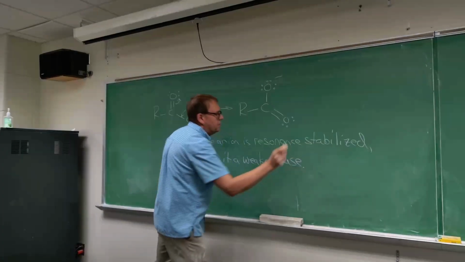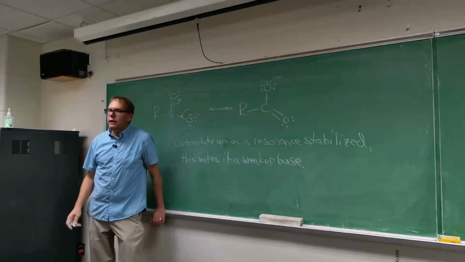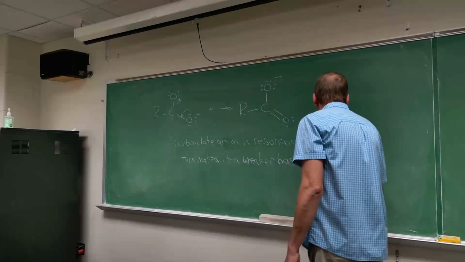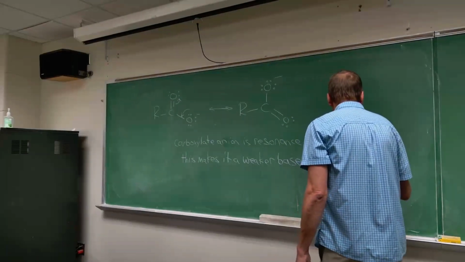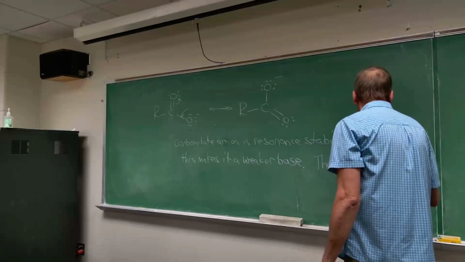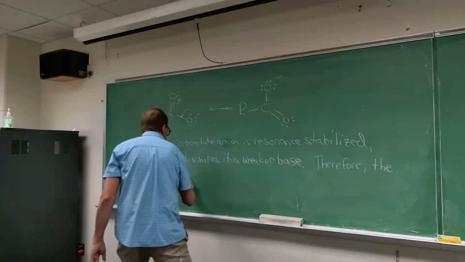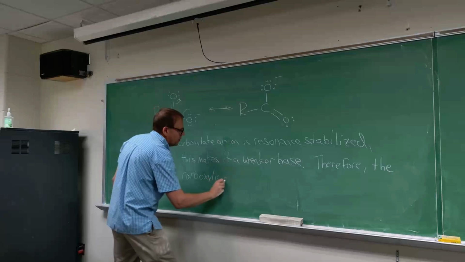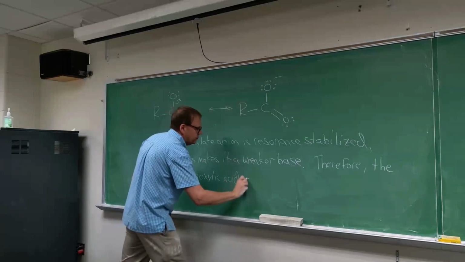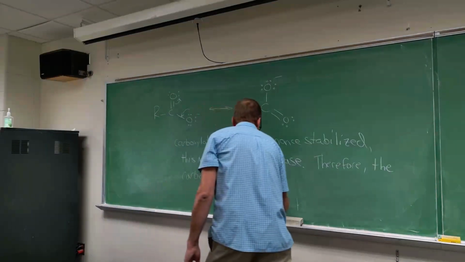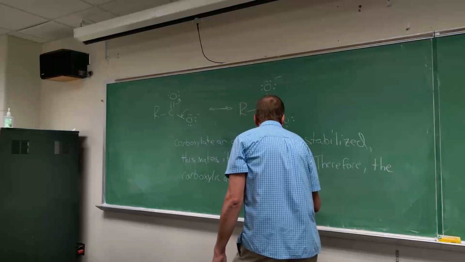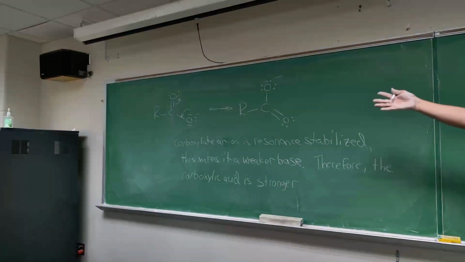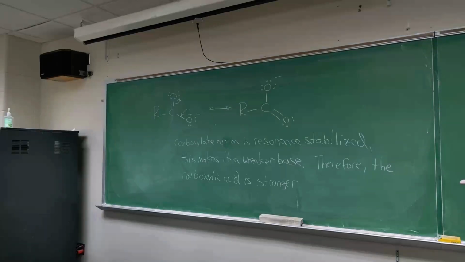And because bases and acids are inversely related, the carboxylic acid is therefore stronger. It's stronger as a result of this stabilization. It's easy to make the anion because it's nice and stable. That means the acid is more likely to give up its proton.